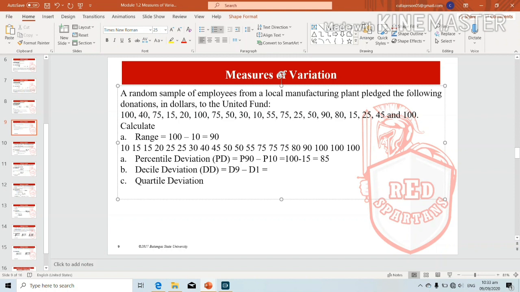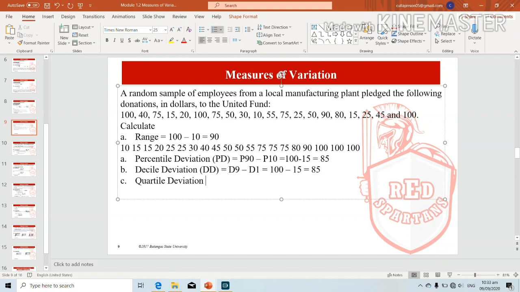And D sub 1 natin is 1 times 20 over 10 is equal to 2 or yung pang second value pa din. So, ibig sabihin, dito sa ating in-arrange from lowest to highest, ang pang 18th value natin ay ito, 100. Then, ang second value natin is 15. So, 100 minus 15 is also 85. So, parehas lang yung percentile and decile deviation.